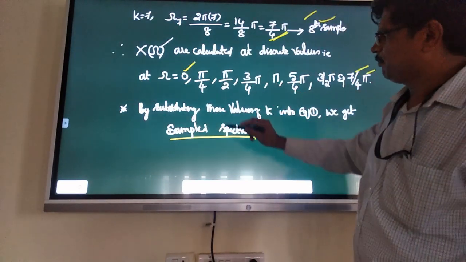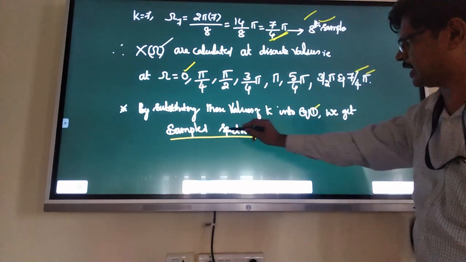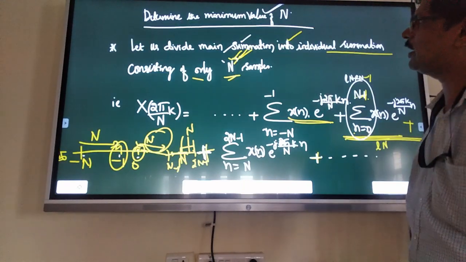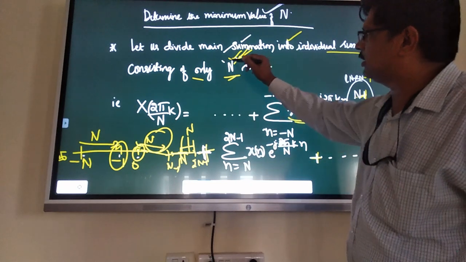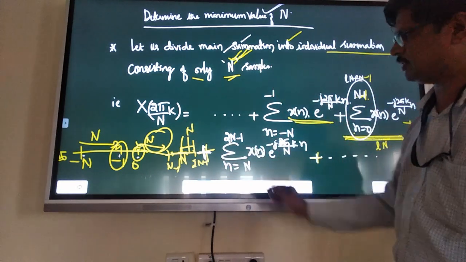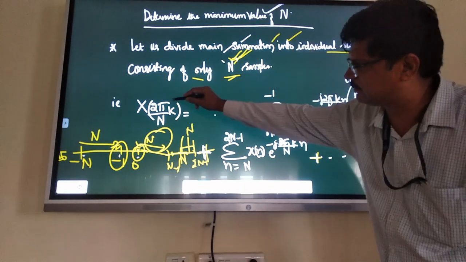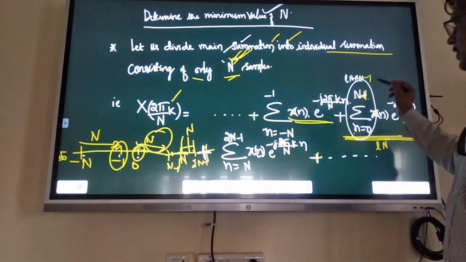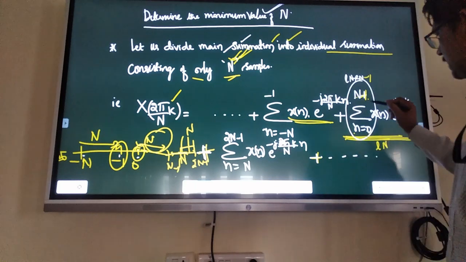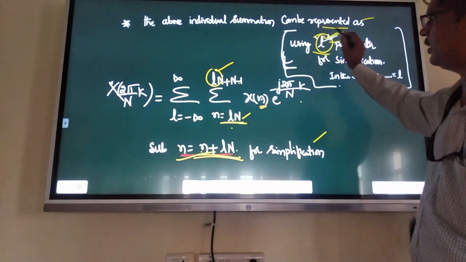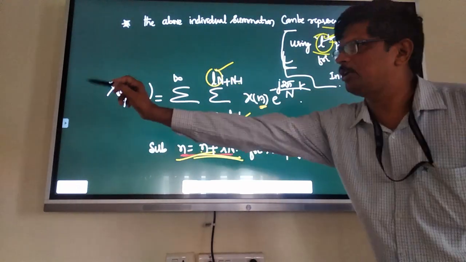Then substitute that into equation 1, and we get the sampled spectrum. Then, what is the minimum value of N required between 0 to 2 pi or 4 pi to 6 pi? I take the main summation and divide it into a number of individual summations. In the second summation, I introduce one parameter, n, from minus infinity to plus infinity.